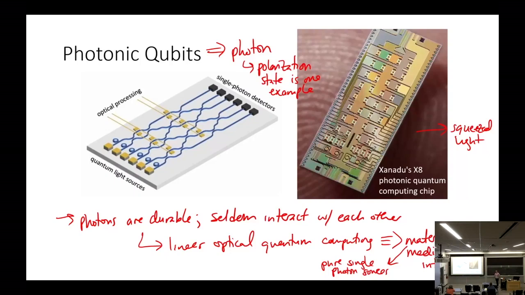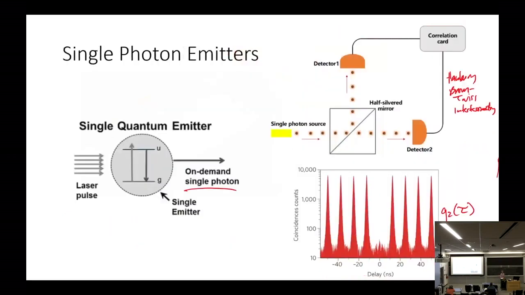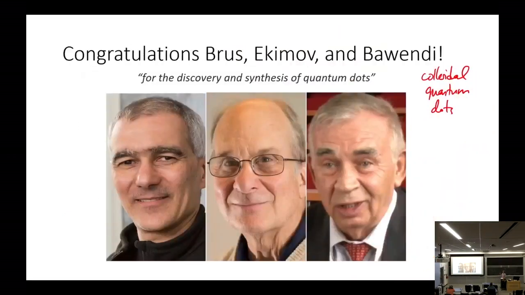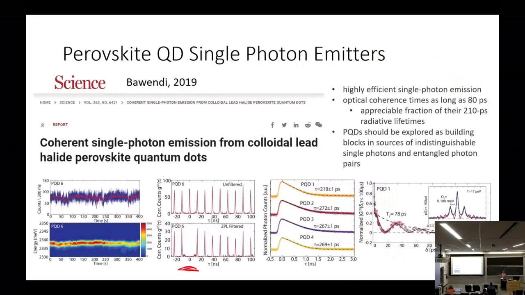So, right, all qubits have their pluses and minuses. Some pluses are lifetime, and some minuses are decoherence rates. So everything has trade-offs, for sure. Because you're doing your manipulation in these systems with light, which is really fast, the lifetimes don't have to be super long. And what's cool about this is these kinds of systems can operate at room temperature and still have coherence times like this, which is pretty cool.